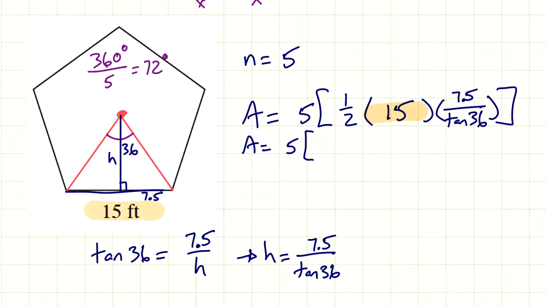So what is 7.5 times 7.5? This is going to be 56.25 divided by tangent of 36. All right, so we have a fraction here. Let's make that bigger. So one triangle is going to be 56.25 divided by tangent of 36.